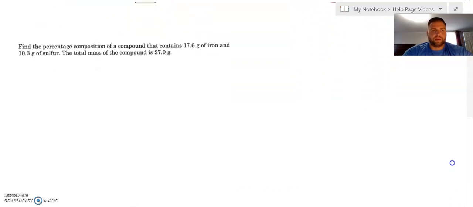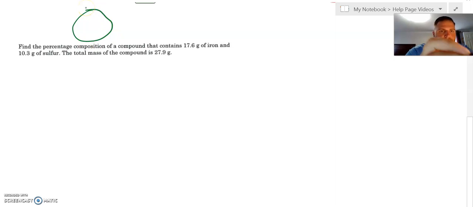Here's what a sample problem would read. Find the percentage composition of a compound that contains 17.6 grams of iron and 10.3 grams of sulfur. The total mass of the compound is 27.9. So they're telling us that we're going to have a pie chart that looks like this.